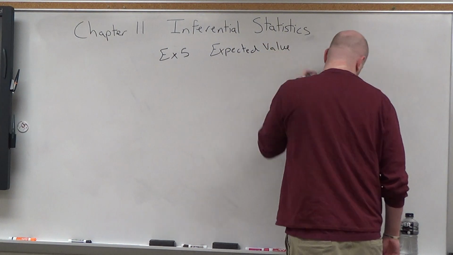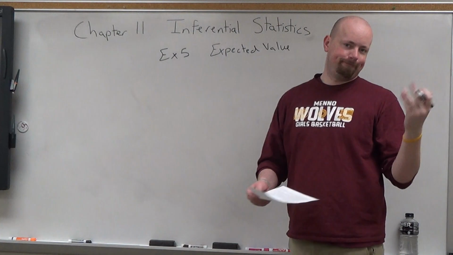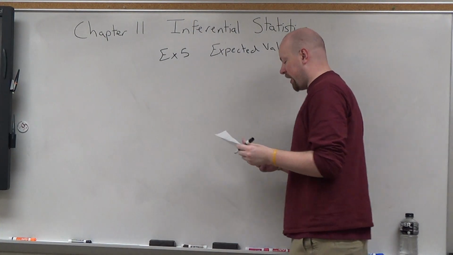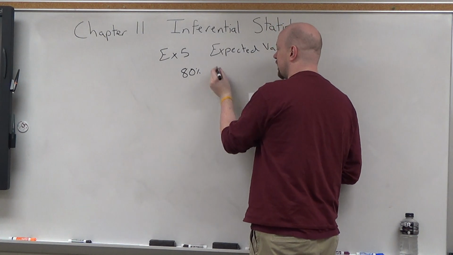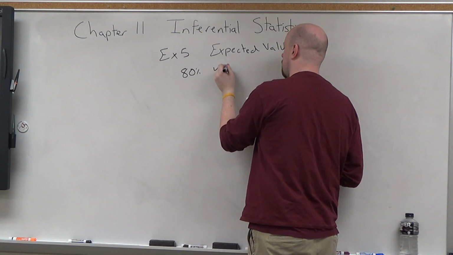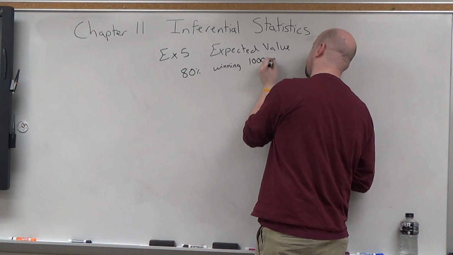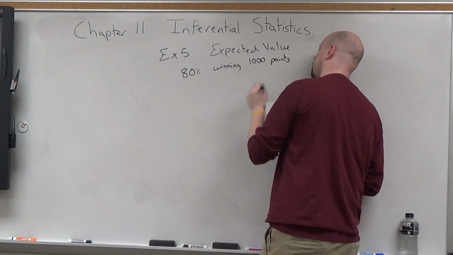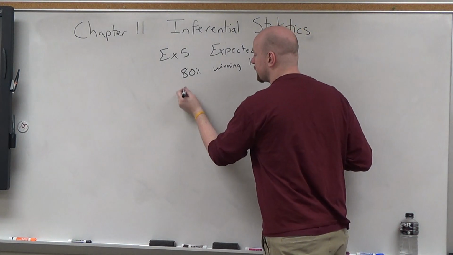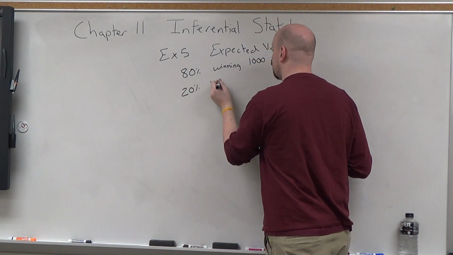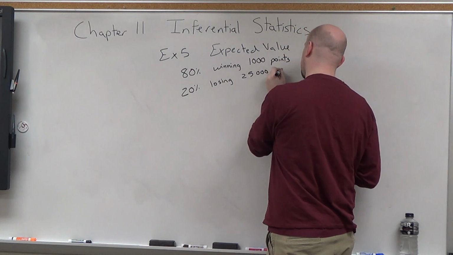So let's say you're playing a video game and you have an 80% probability chance of winning 1,000 points. Pretty good. But you have a 20% chance of losing 25,000 points.